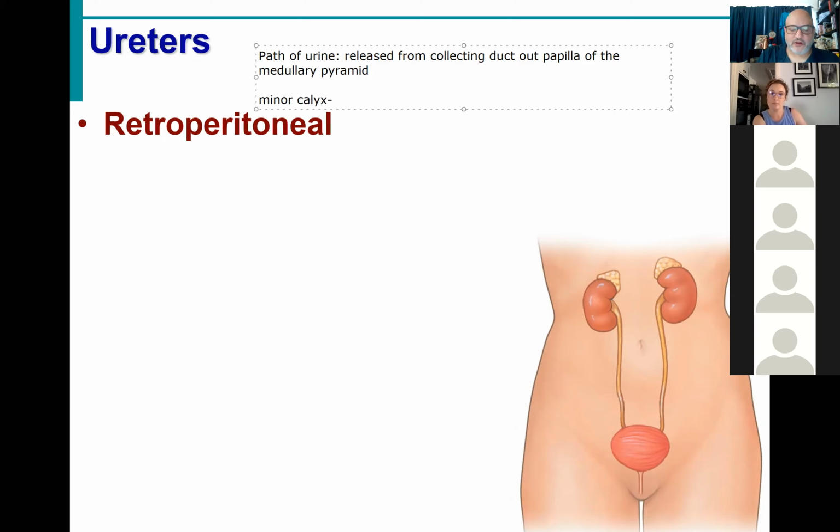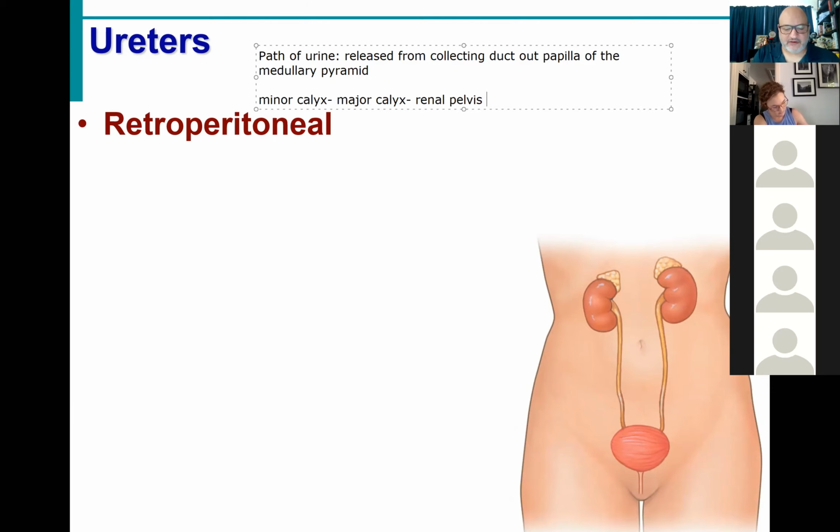From there, it'll fall into major calyces. And I'll just stick with the singular. And then from there, remember the major calyces feed into that funnel-shaped structure, which is the renal pelvis. And that renal pelvis then feeds into the ureter, right?